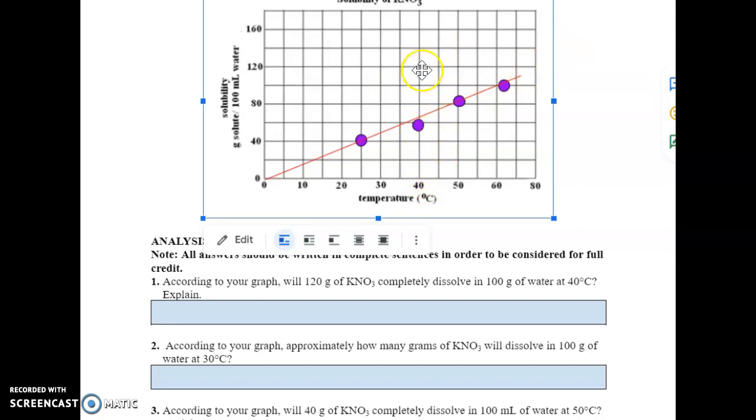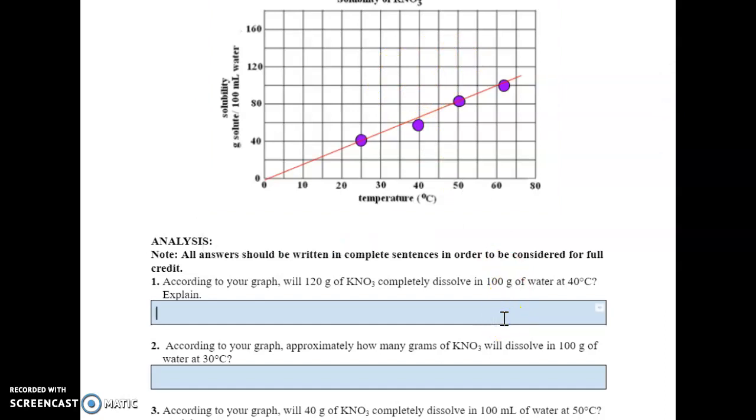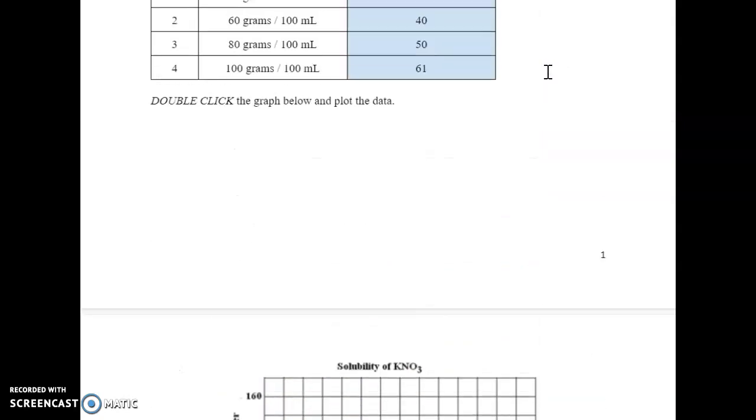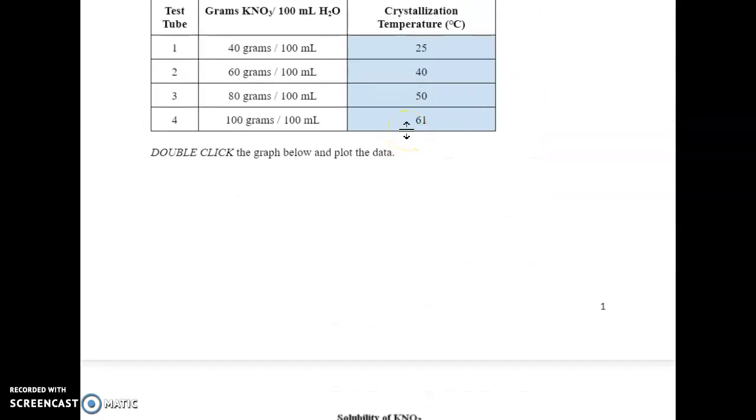So it's above the line. You will not be able to dissolve 120 grams. So in a sentence: according to our graph, you cannot fully dissolve 120 grams at 40 degrees Celsius, because 100 grams takes 61 degrees Celsius.